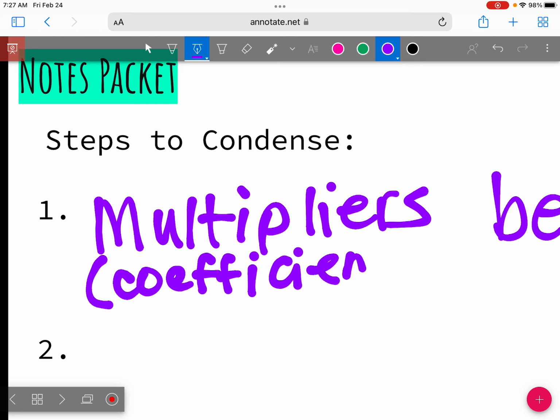Works both ways. Okay? Step 2. What was our step 2 yesterday? Multiplication becomes addition. So what's our step 2 today? Addition becomes multiplication.